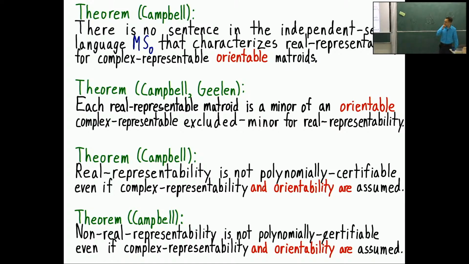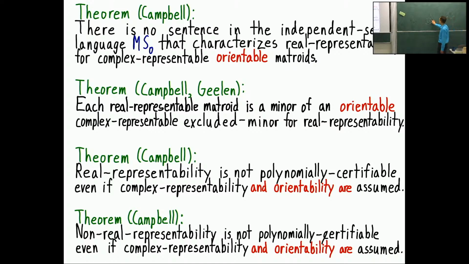Does the problem still have high complexity when you restrict to binary or ternary matrices? So restricting to binary, as I mentioned, this is not orientable, so this is going to be an excluded minor for orientable and binary, and this is how you can show that orientable and binary is regular.